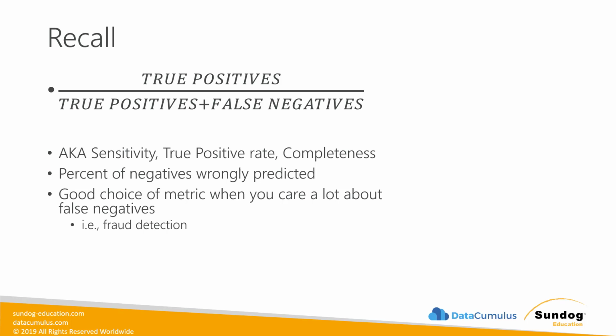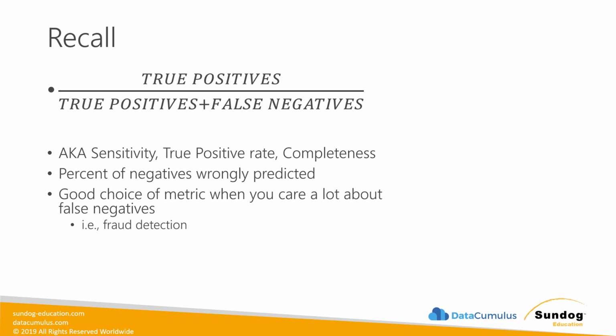So it's a good choice of metric when you care a lot about false negatives. Okay, so fraud detection is a great example of where you might be focusing on recall, because a false negative in the world of fraud means that something was fraud, but you failed to identify it as fraud. You had a fraudulent transaction that was flagged as being perfectly okay. That is the worst possible outcome in a system that's supposed to be detecting fraud, right?